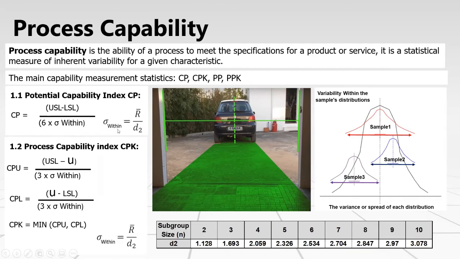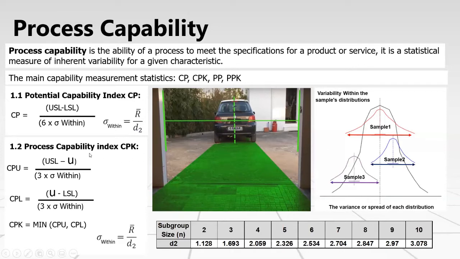And calculation of the standard deviation within is done by getting the average ranges of those samples divided by the constant statistics D2, which can be found from the table of the range control charts corresponding to the subgroup size or the sample size.